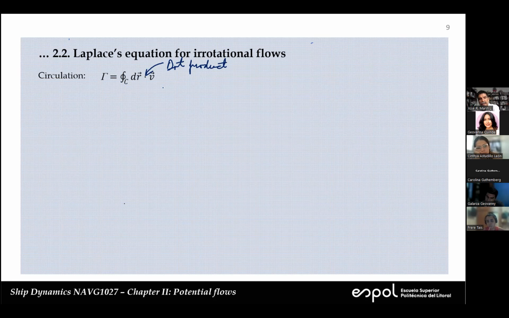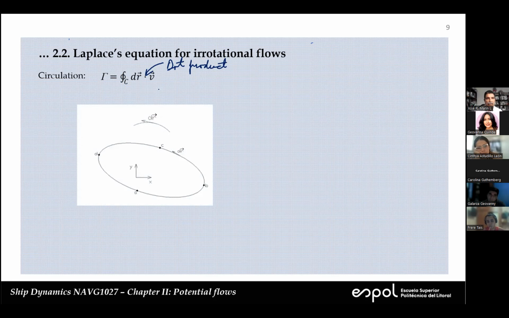Okay, so let's explain what this means. So this is a closed path. If we take one little piece, a differential element of the path, we can set up a differential vector, aligned or tangent to the path.